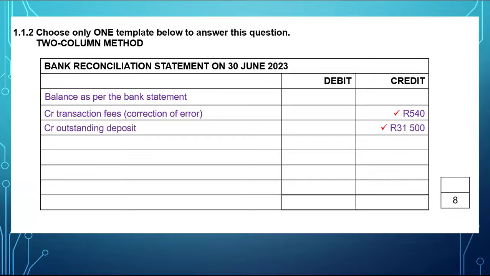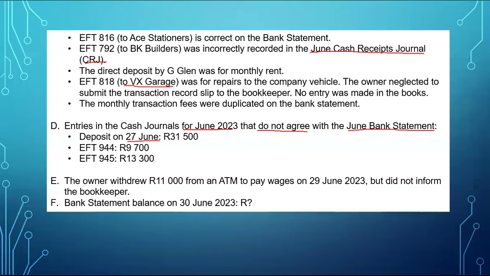Note that if it was one column, these two amounts, the 540 and the 31,500, we will show them without brackets or just plus. That amount was already recorded in the cash receipts journal. It does not appear in the bank statement. And if the bank was to record it, it was going to record it on the credit side.